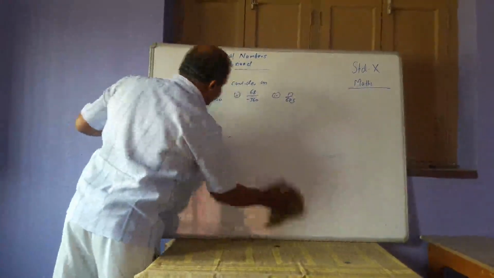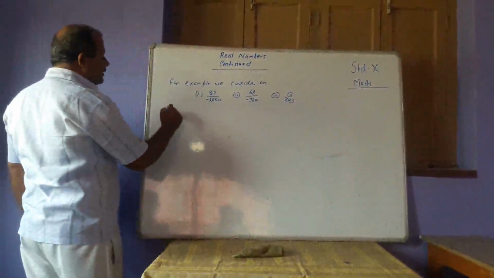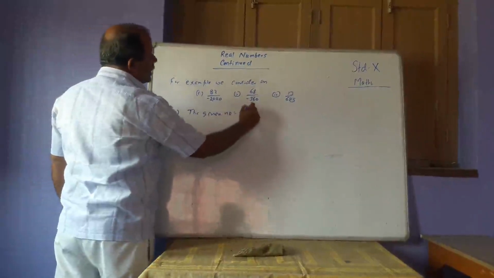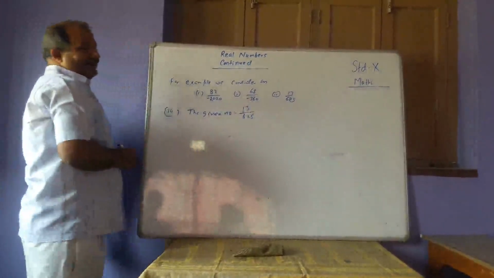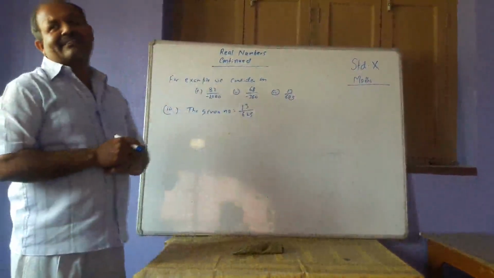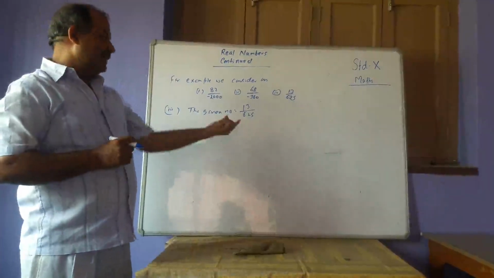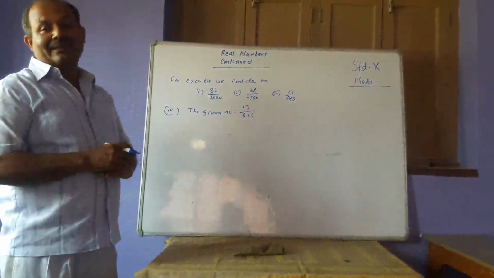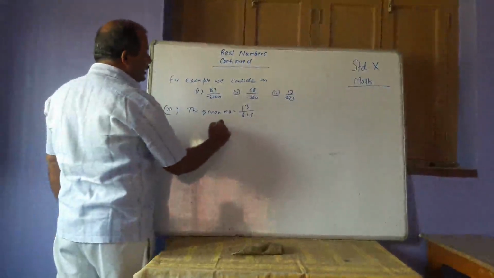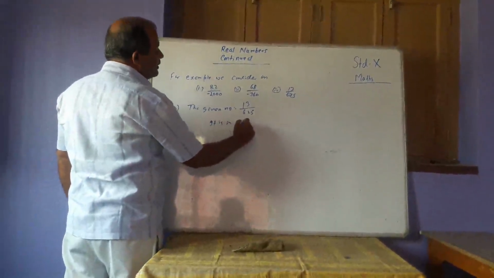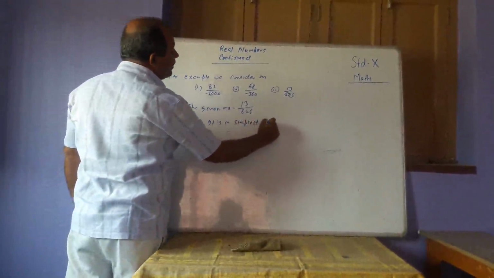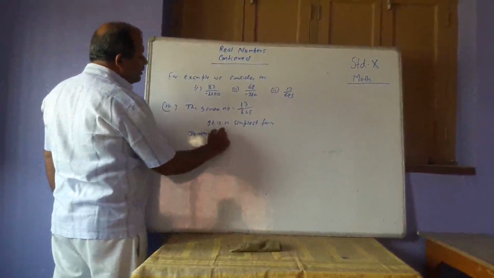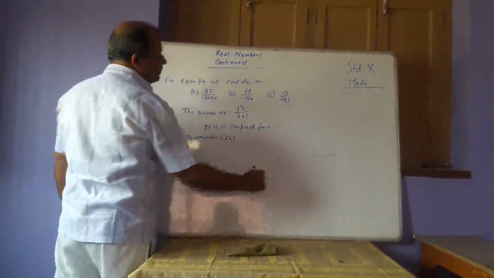Here the given number is 13 by 625. It is already in its simplest form. That is, the denominator is non-negative and the HCF of numerator and denominator is 1, and therefore it is in simplest form. Then we consider its denominator. It is 625.